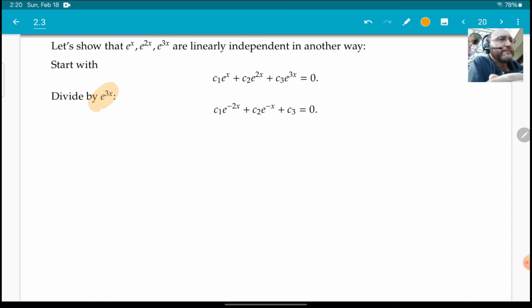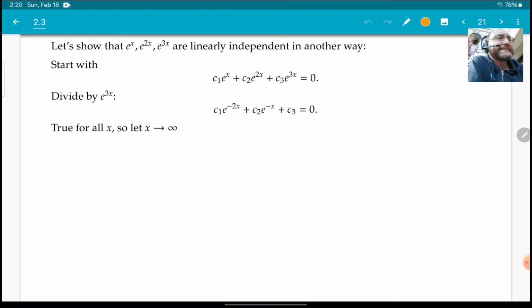If I divide by e to the 3x, which is like multiplying by e to the minus 3x, the e to the x term becomes e to the minus 2x. So I have e to the minus 2x, e to the minus x, and then just 1 here, so it just becomes C3.